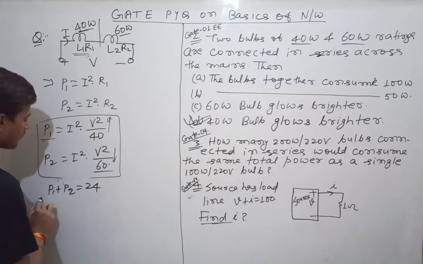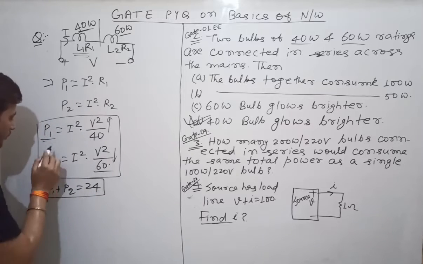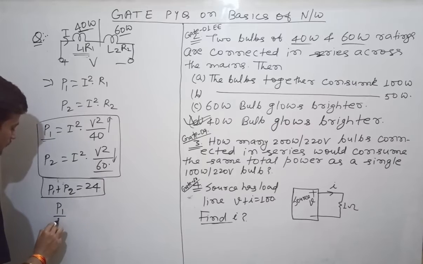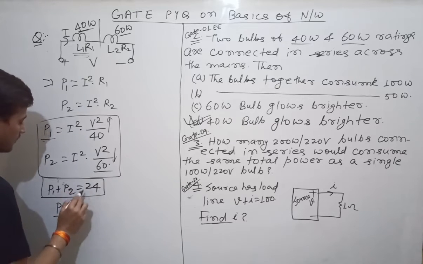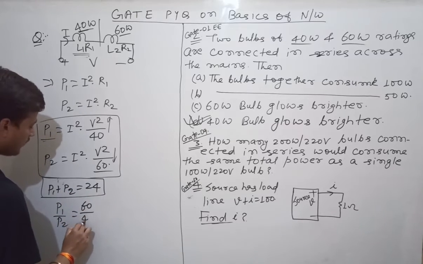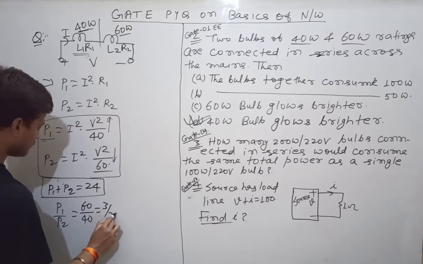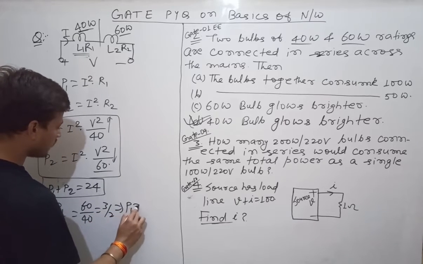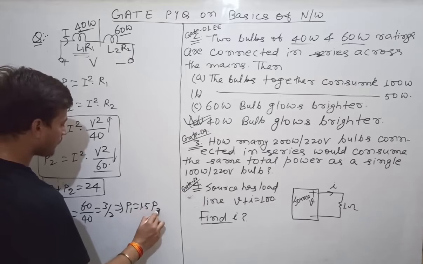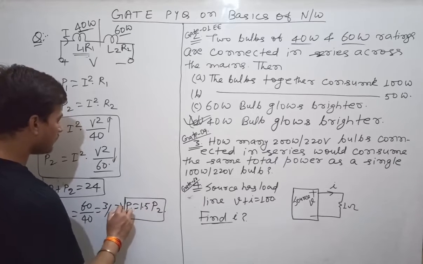You have already got this expression. Now what do you know? P1 by P2 will be nothing but 60 divided by 40, equal to 3 by 2. That means P1 is equal to 1.5 P2.